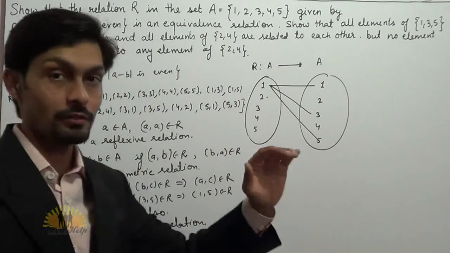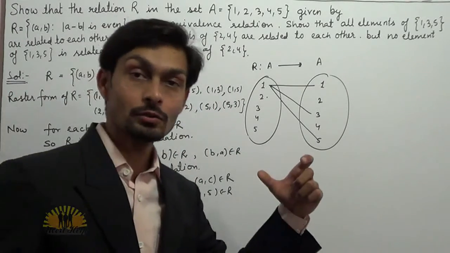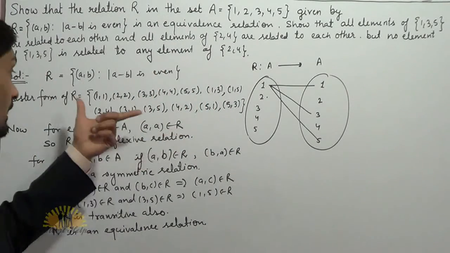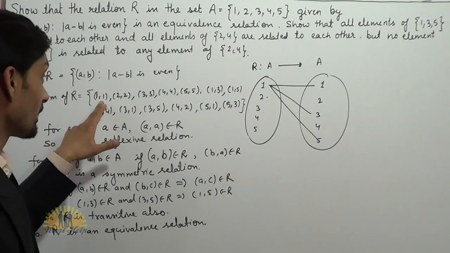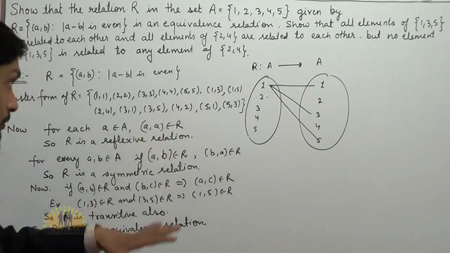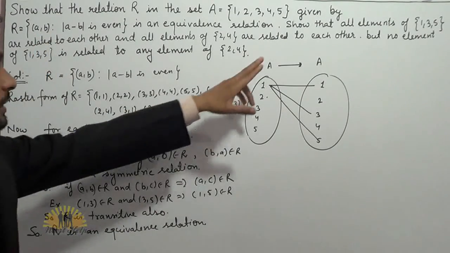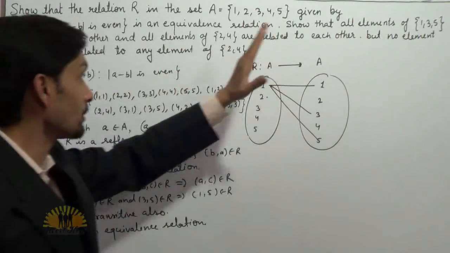Odd numbers are related to odd numbers and even numbers related to even numbers. That's why in the roster form of R, the pairs are either both odd numbers or both even numbers.